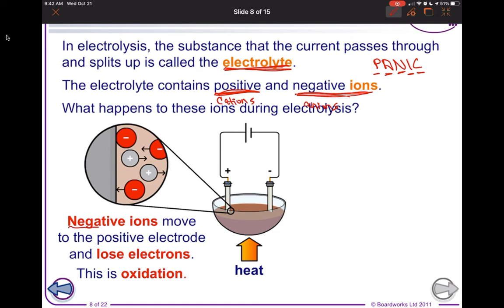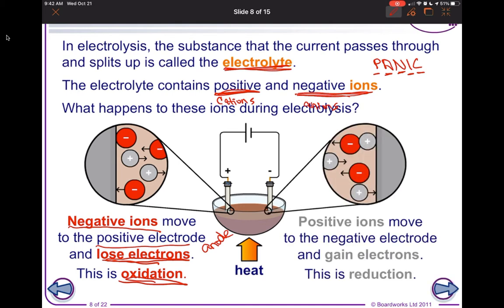So, like we're seeing right here, my negative ions are going to move to my positive electrode. So again, that's my anode. And at that anode, it's going to lose electrons. And that is called oxidation. Now, you already have one definition of oxidation, which is the gaining of oxygen. So this is another definition of it, both of which you need to know. Oxidation is also losing electrons.